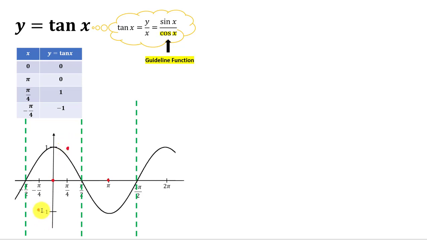Well, let me show what shape it's going to take. It's going to resemble the shape of the cubic function, if you remember that one from algebra. And here's one more branch. They're all going to have the same shape. So in between two neighboring asymptotes, we're going to have one branch of the graph of the tangent function.